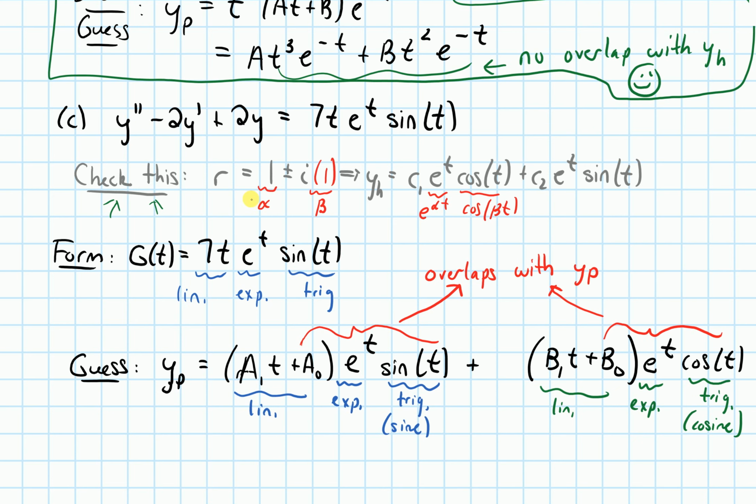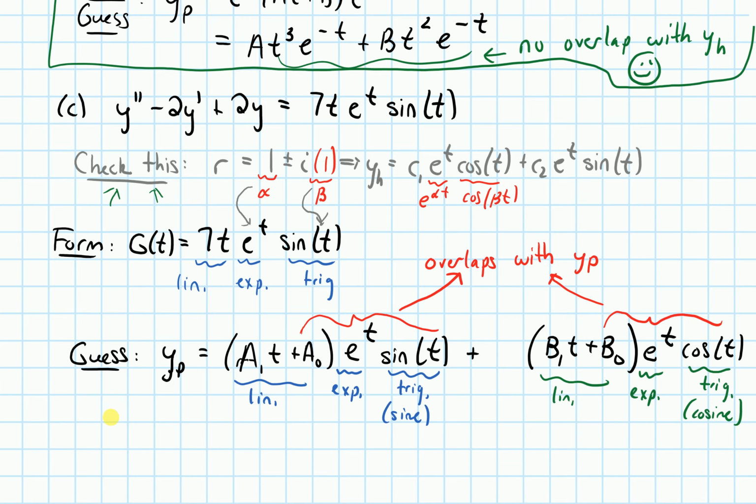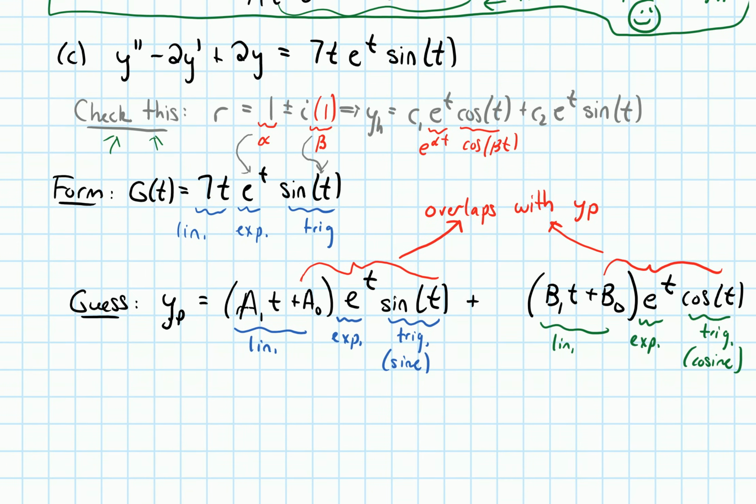So for example, alpha being 1 is exactly what the coefficient here is in g of t, in the coefficient of t in this exponential part. And beta being 1 is exactly what appears inside of my sine. So the fact that that root is sort of appearing there, that's what makes us need to adjust our guess. That's why there's an overlap here.